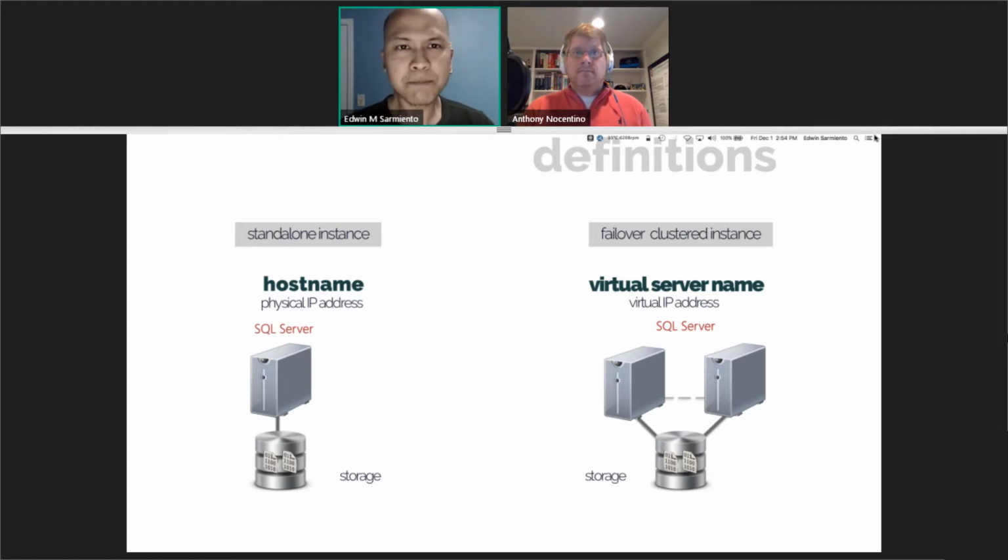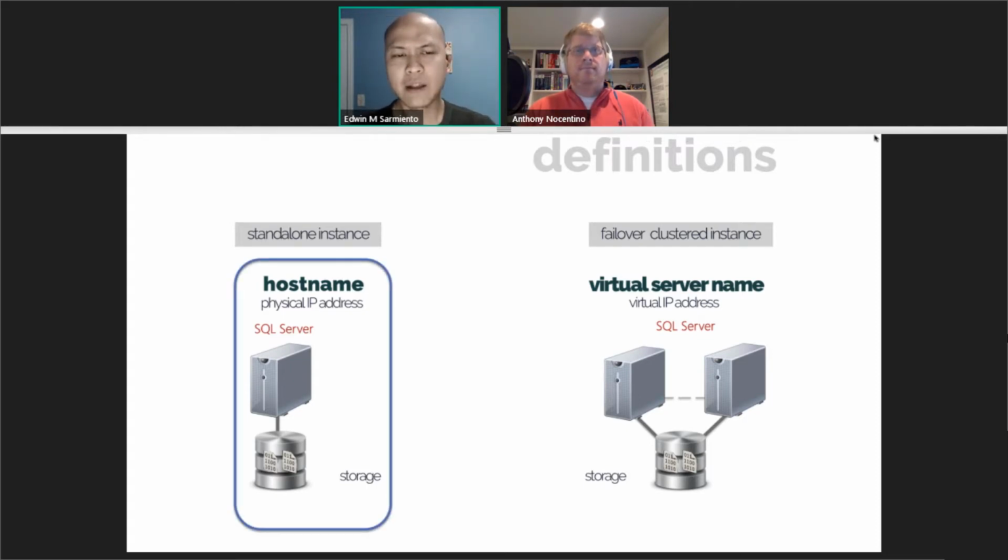Now, let's draw some parallels between a standalone instance, in this case, and a failover clustered instance. That logical boundary within the standalone instance is what I could consider as a group. Well, what do you mean by that? Well, I cannot separate the host name from the physical IP address.